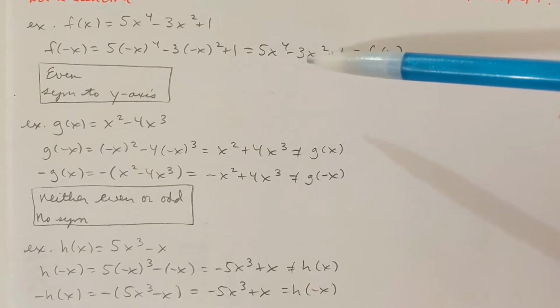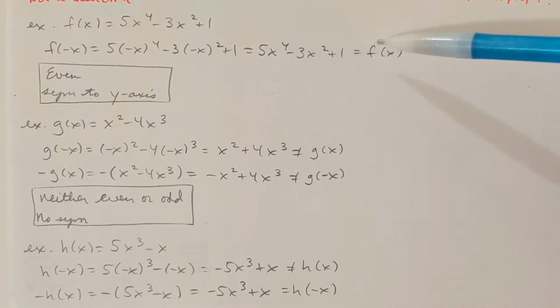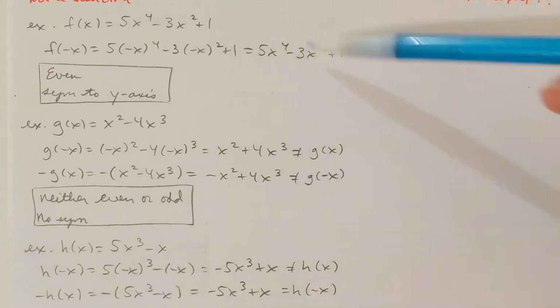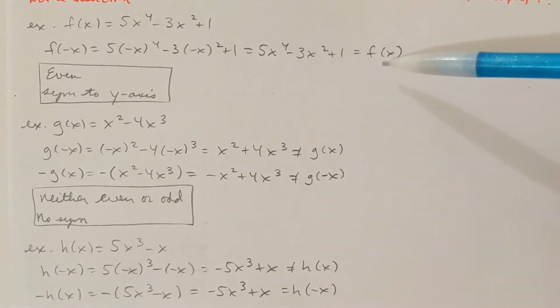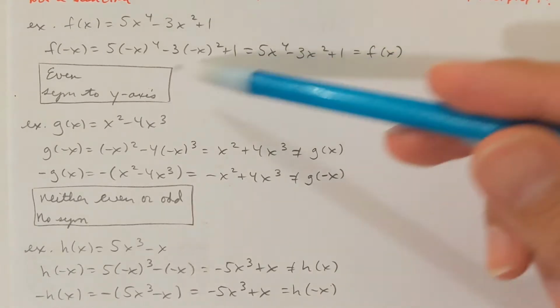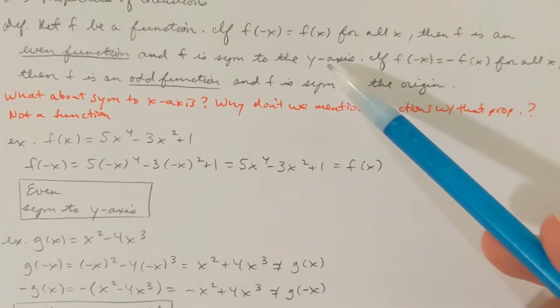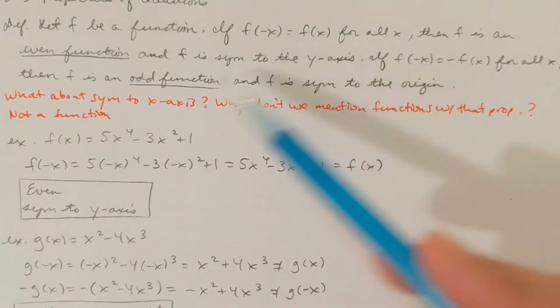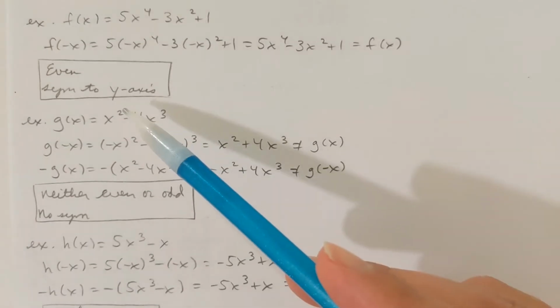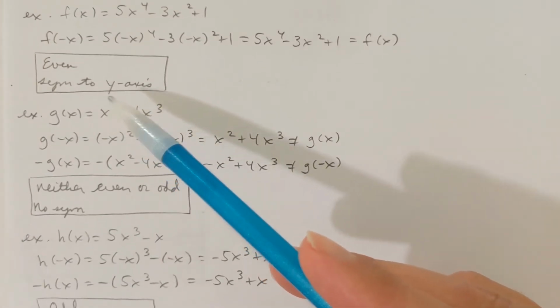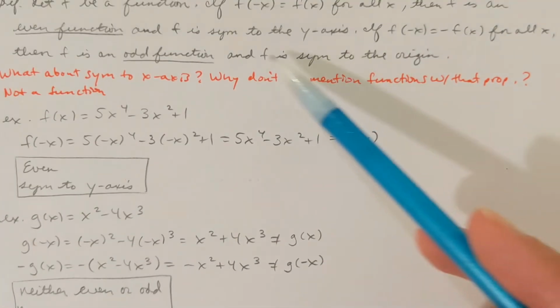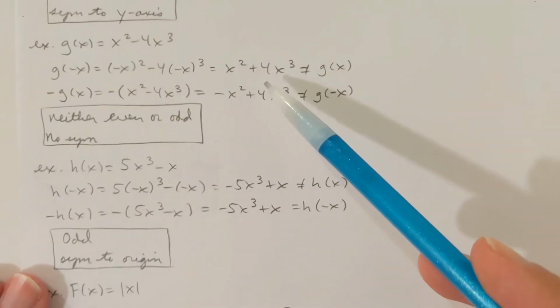So I've got 5x to the fourth minus 3x squared plus 1, which is the same function as I was given. So that's equal to f of x. F of negative x equals f of x, and that means I've got an even function. An even function is always symmetric to the y-axis.